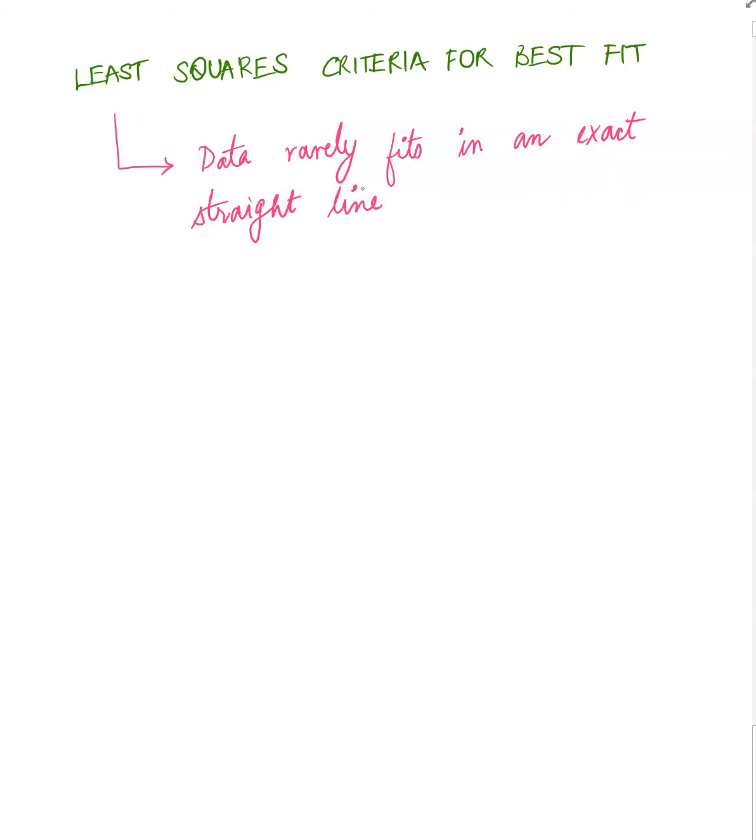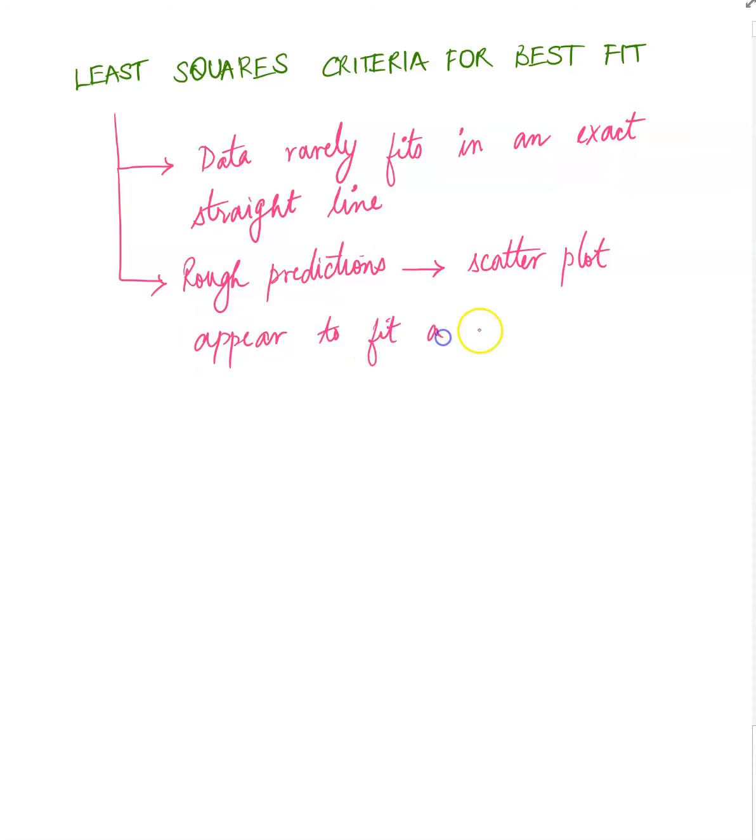Because it's not going to be that way, we must be satisfied with rough predictions. In order to make rough predictions, we have to see if we have a set of data whose scatter plot appears to fit a straight line. So we should ask the question: does the scatter plot appear to fit a straight line?